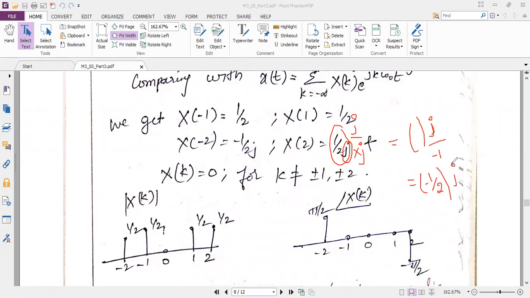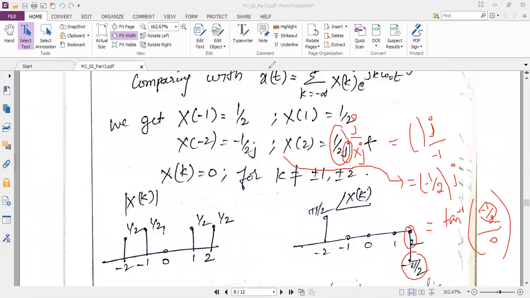Now for this x of 2, I want to find the angle. The angle is tan inverse of minus 1 by 2 divided by 0. Since you are having a minus sign here, this is minus 90 degree for plus 2. I think there is no confusion here, right?